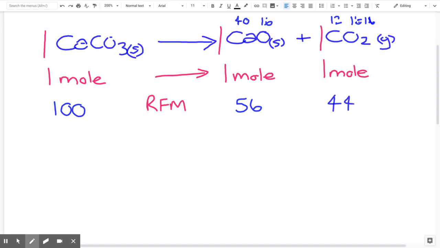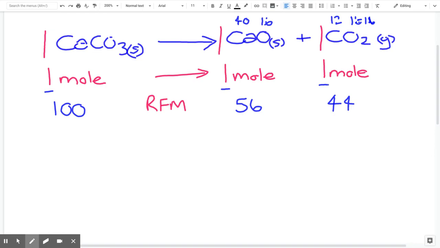Okay. Now in this example, it's coincidental, because all the numbers are 1, that 56 add 44 is 100. But it's not always that clear cut. In this example, it is. But if we have all of these numbers as ones, what the RFMs do is give us an insight into calculating the masses and the actual physical quantities that would be generated from these reactions.